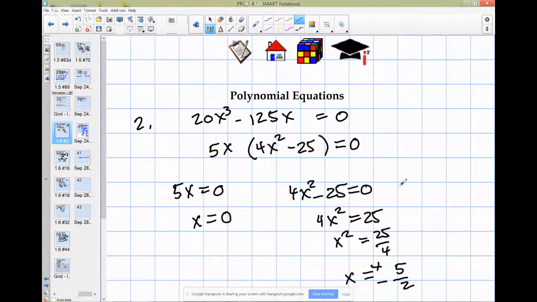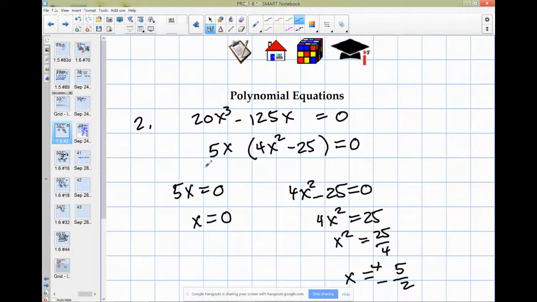Just because it's cubic doesn't mean we have to run away scared. Can we factor it? Yeah, a fairly easy kind of factoring. We can take out a common monomial factor. A 5 can come out of those two terms.